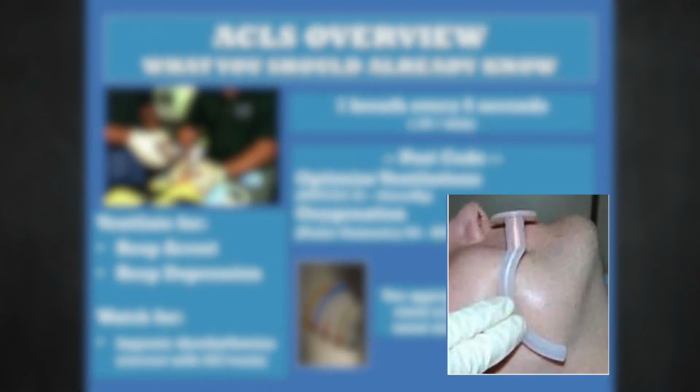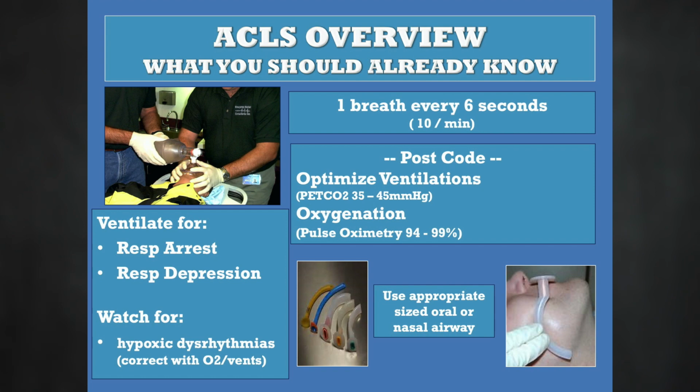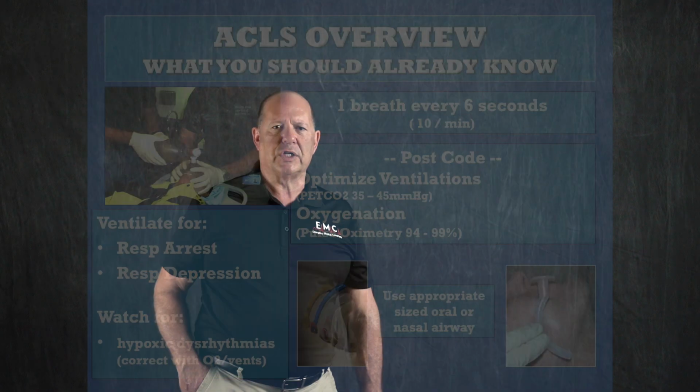So the proper oral pharyngeal airway, as you can see on the slide, bottom right, is measured at that length. One that is too small or too large will potentially cause the patient to have an occluded airway. Remember that if your problem is hypoxia, sometimes that can cause tachycardias or bradycardias or ventricular ectopics, and fixing the hypoxia may solve your problem before you give medications.